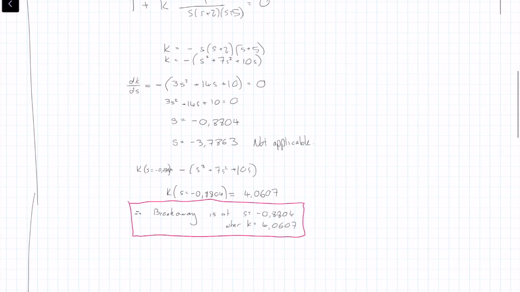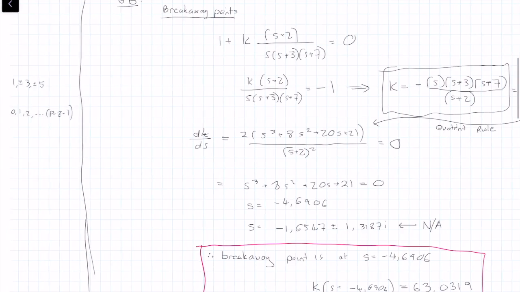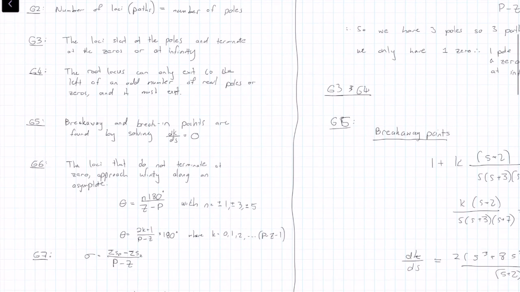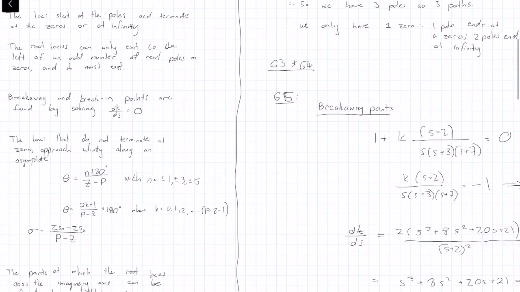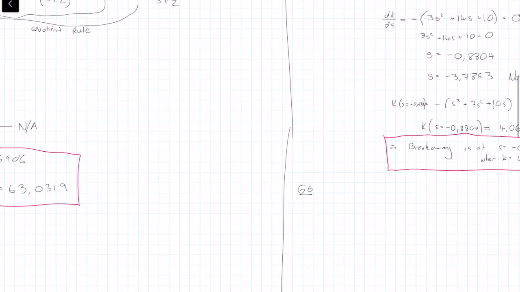Now we can move on to guide number 6, which now has to do with our asymptotes, right? So guide number 6, let us use the first rule now to work out the angles at which they approach. So we're going to say theta equals n times 180 degrees divided by p minus z.